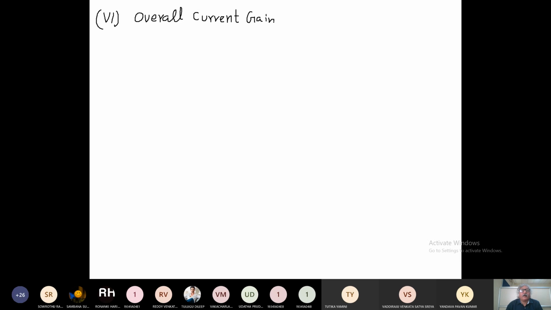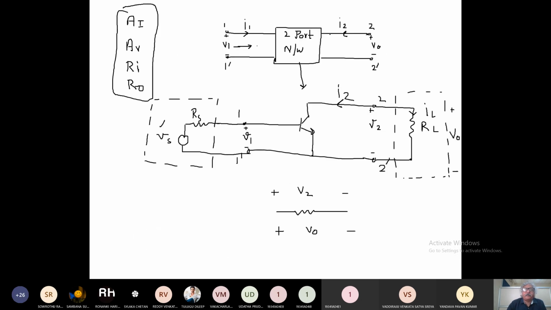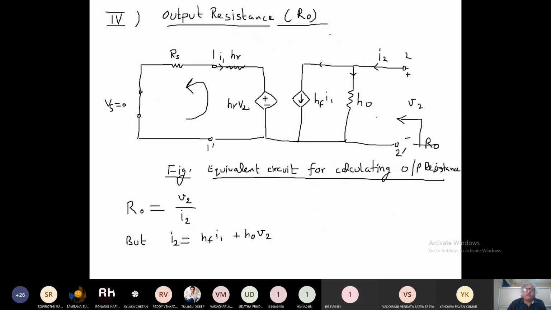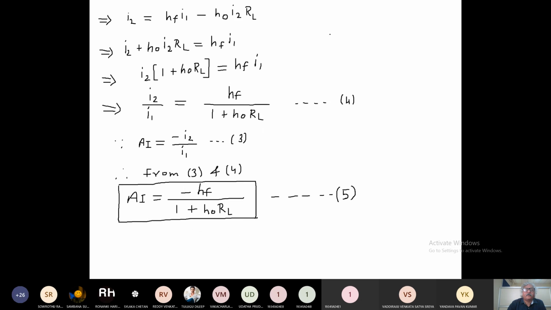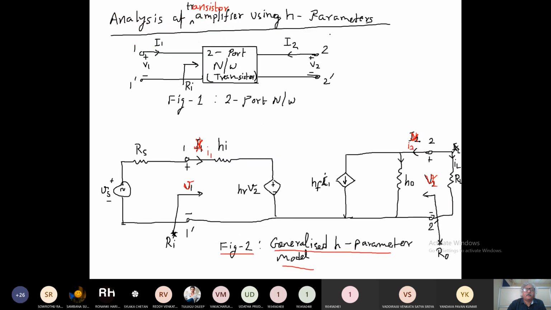Now, overall current gain. You see this figure number 2.